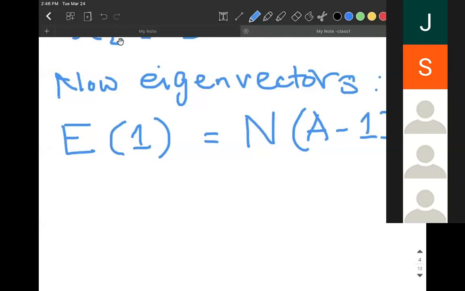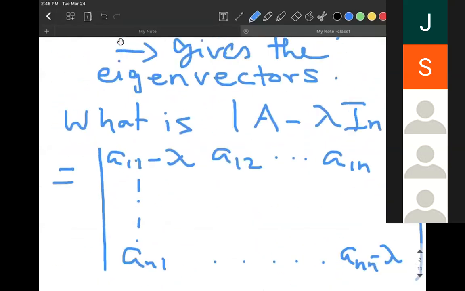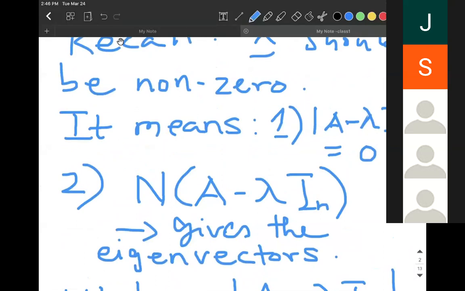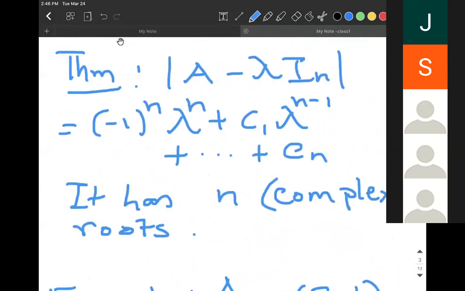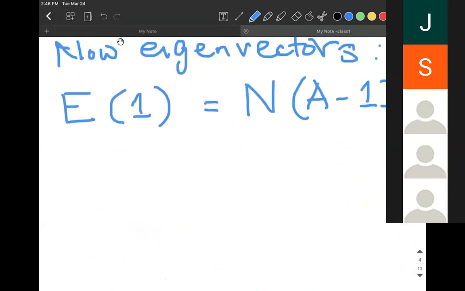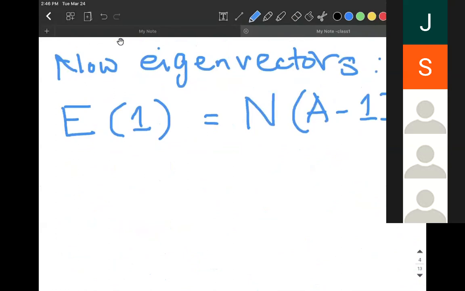Let's give this a name: E of lambda, the eigenspace corresponding to lambda. So we want to find E of 1, the null space of A minus lambda I2.